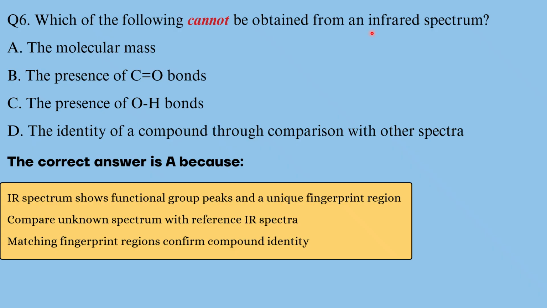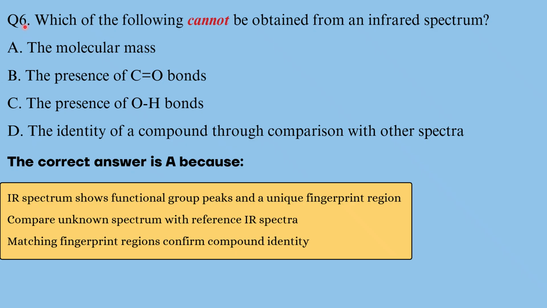Especially, we can determine functional groups and different types of bonding using the IR spectrum. We can even compare our data with existing data to determine what kind of compound we have. So we can use it to compare with other spectra to confirm what compound we have.